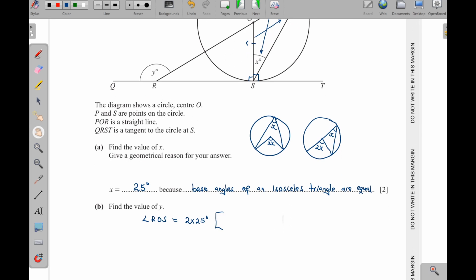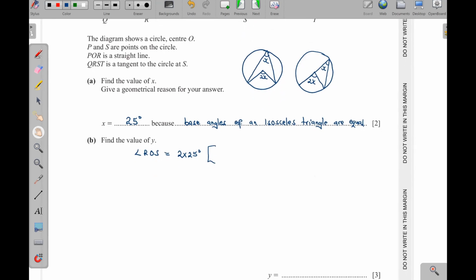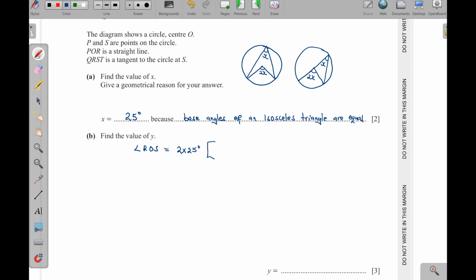What is the geometrical reason? Here they have not asked us for the geometrical reason, but this is what I'm using: that angle at the center of the circle is twice angle at the circumference.